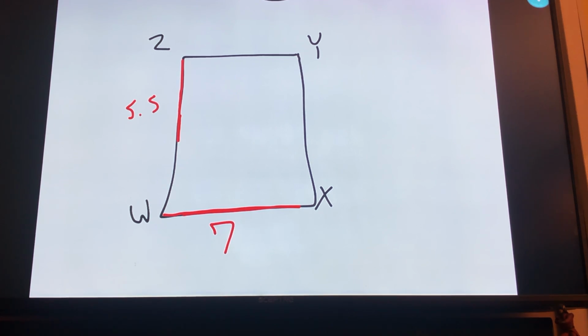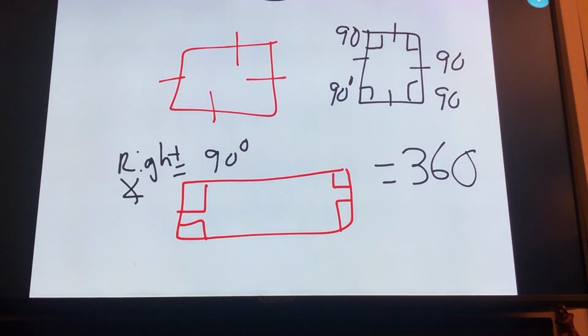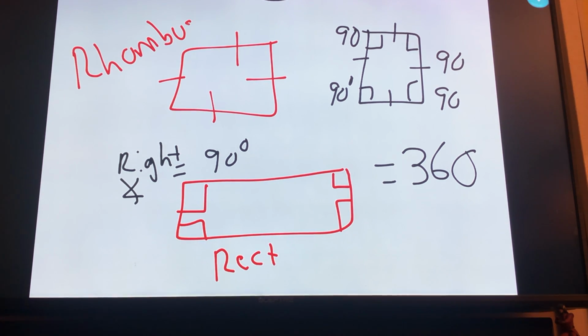Well, guess what, guys? If we go back and revisit what we just talked about, like a rhombus and all this, let me go back and find it. Maybe I didn't write it down. Yeah, I did. So this was a rectangle. This was a rhombus. And this was a square.